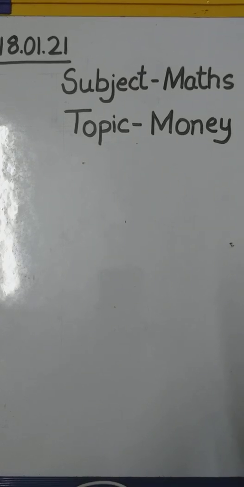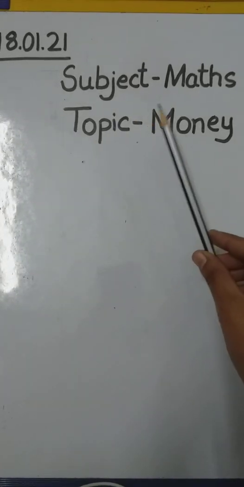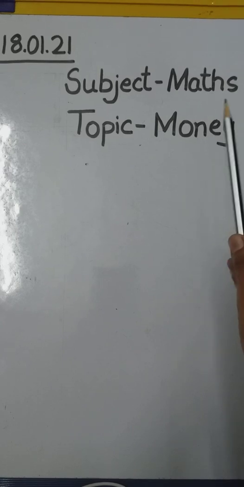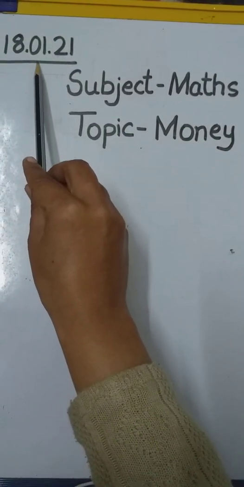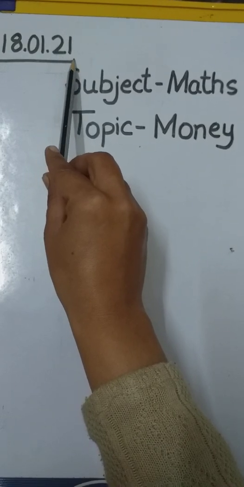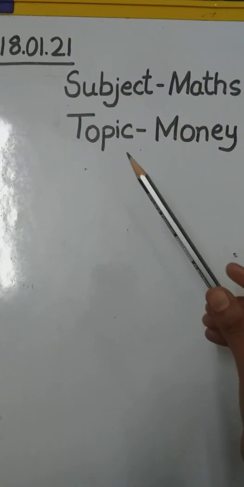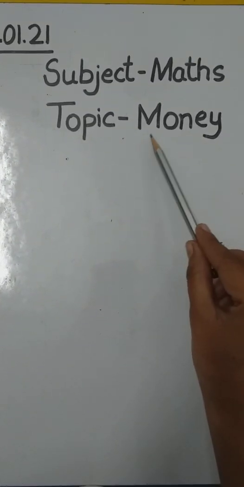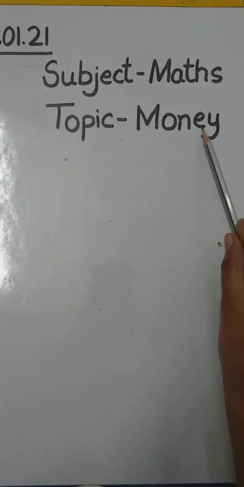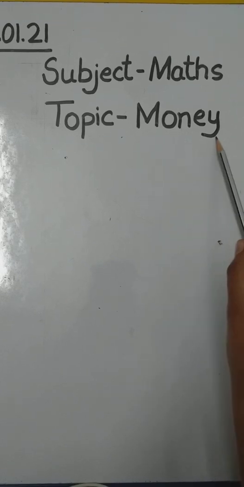So, children, today is our maths class. The date is 18th January 2021, and the topic is money. M-O-N-E-Y, money.